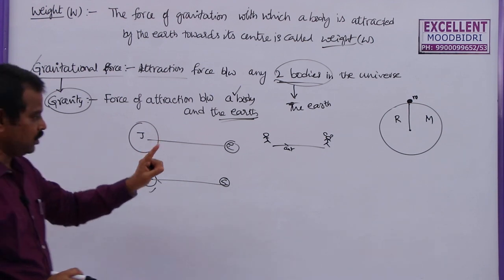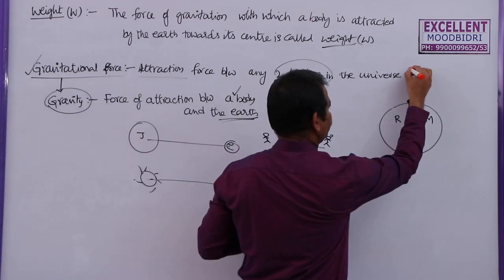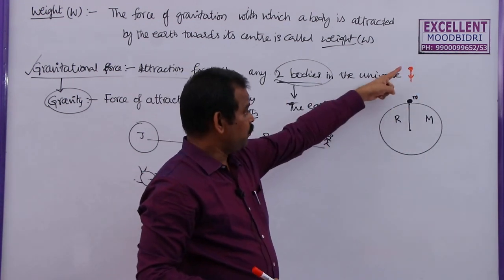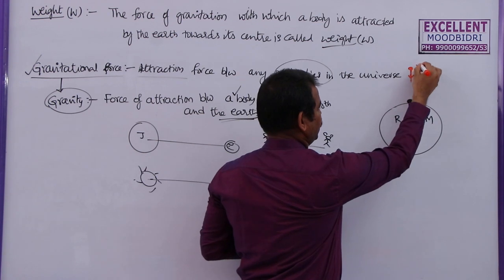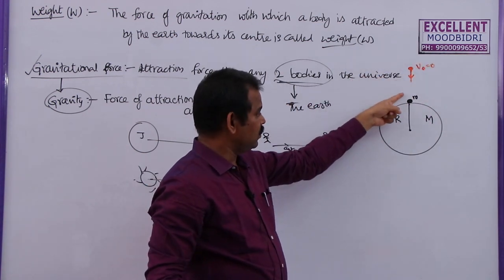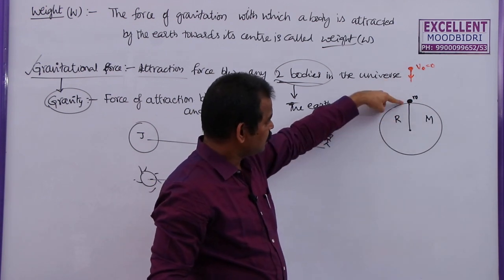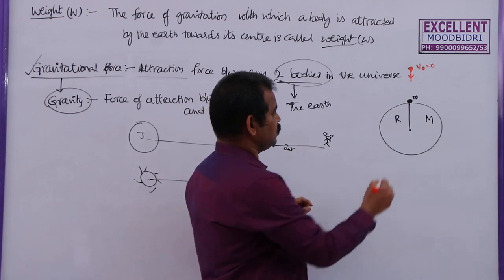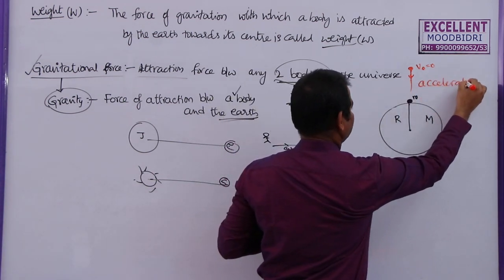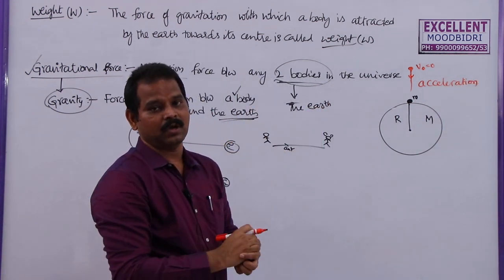Now if you take a freely falling body here, when it is falling freely, when it is dropped from a height, let us say this velocity is 0. When it is dropped here, its velocity gradually increases as it comes towards the surface of earth. That means this body will get some acceleration. This acceleration attained by this body is due to the pulling force of the earth.